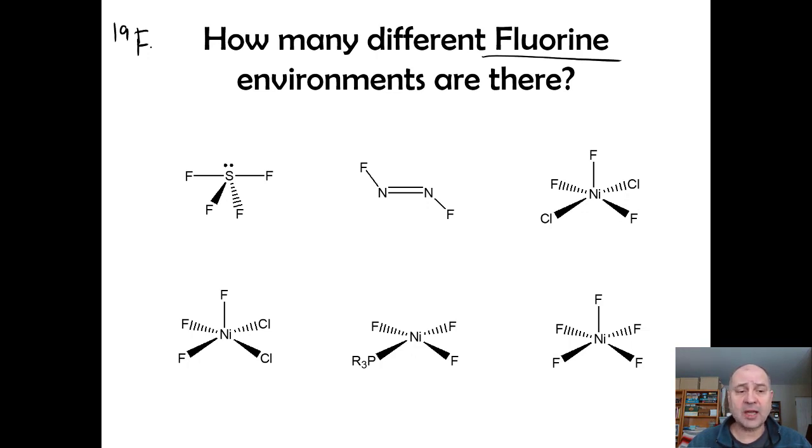For now, I just want to look at the symmetry. We are experts at symmetry, right? And simply predict how many fluorine environments we have for each of these compounds. If you want, you can pause, assign this yourself, and then I will go through this pretty quickly once you're done doing it yourself.